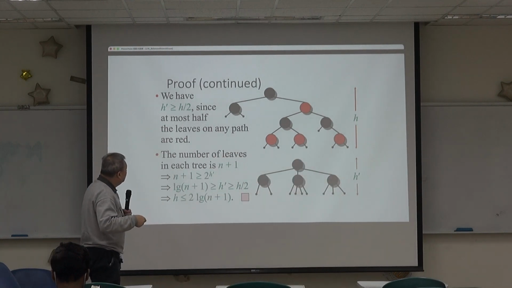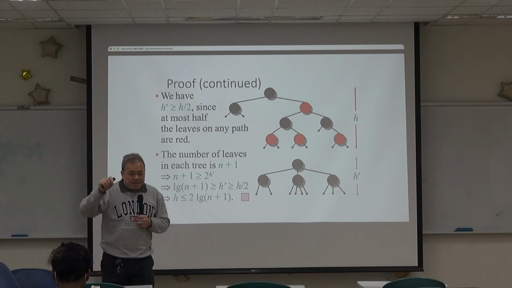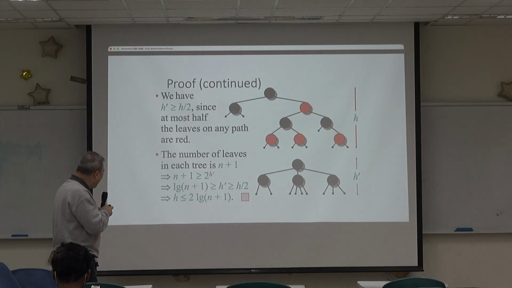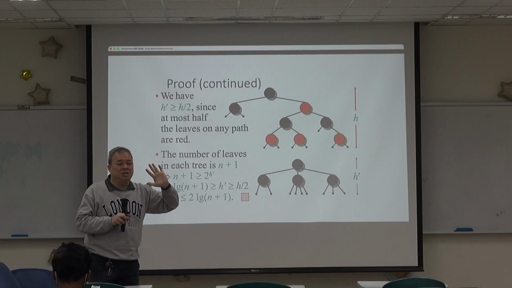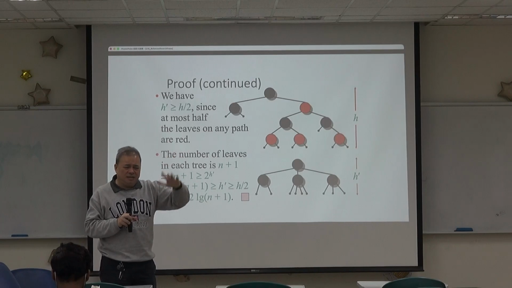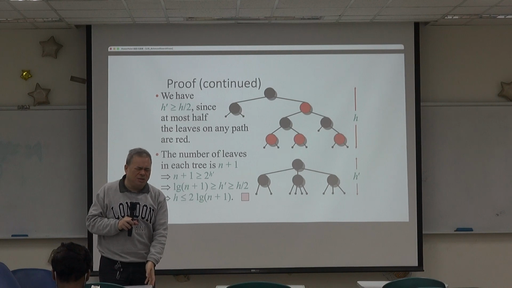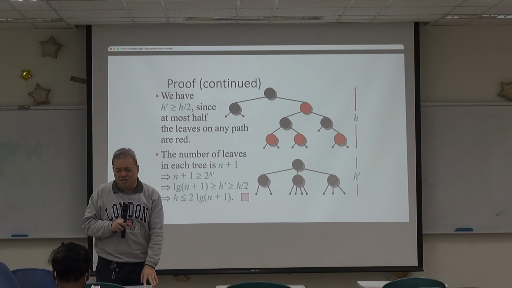So for a red-black tree of n keys, we know the height is bounded by roughly twice of log n. It's not log n, but it's bounded by twice of log n. So it's still good enough.